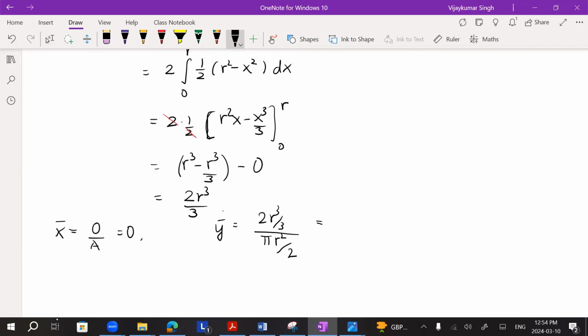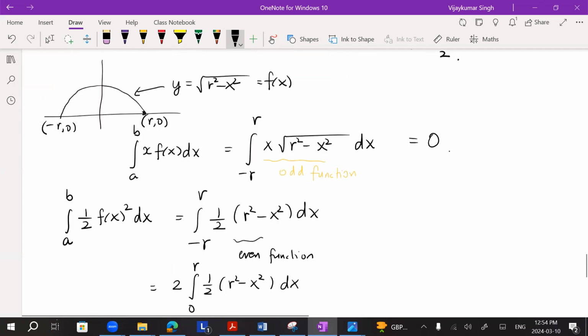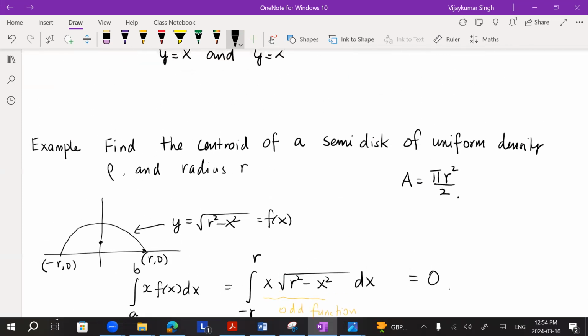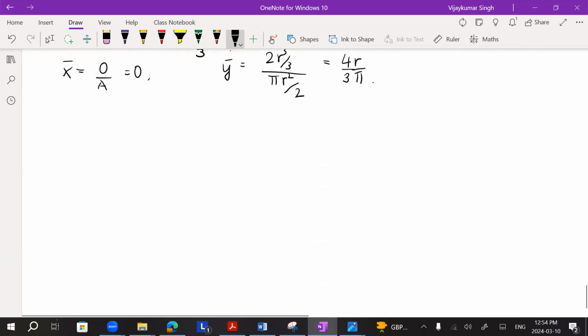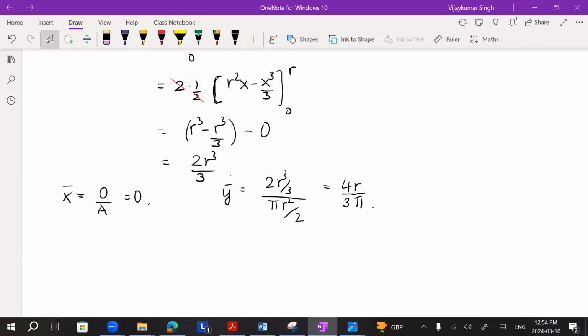And that is going to be 4r by 3 pi. So this is where my center of mass is. It will be somewhere here, right? This is where my x bar, y bar lies, according to our calculation, because x bar is 0 and y bar is this.